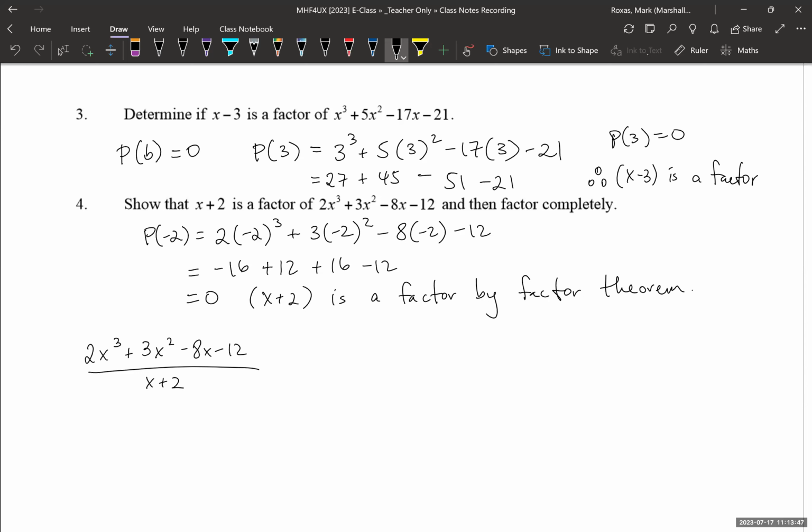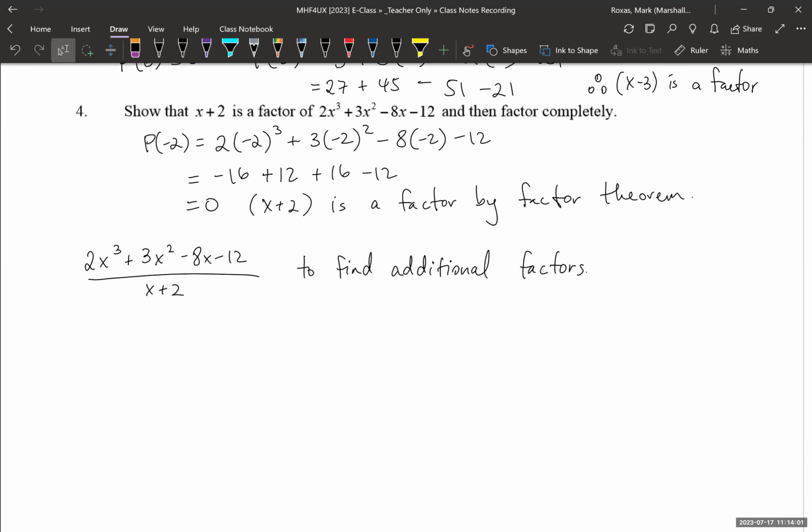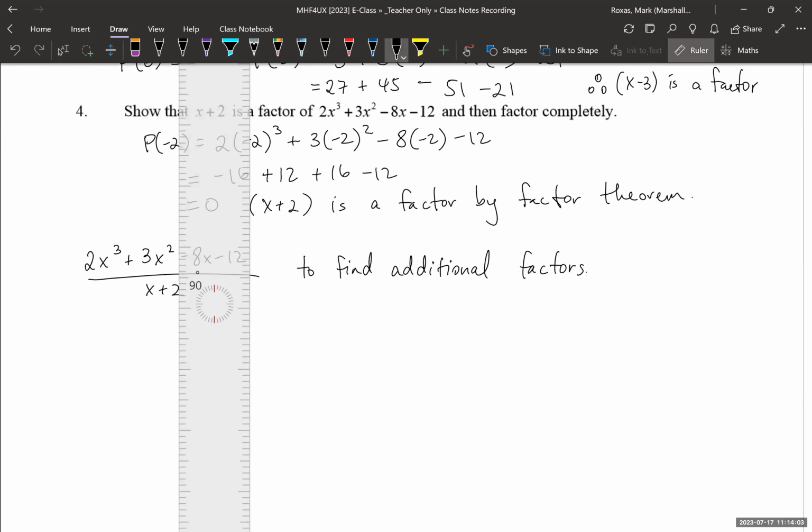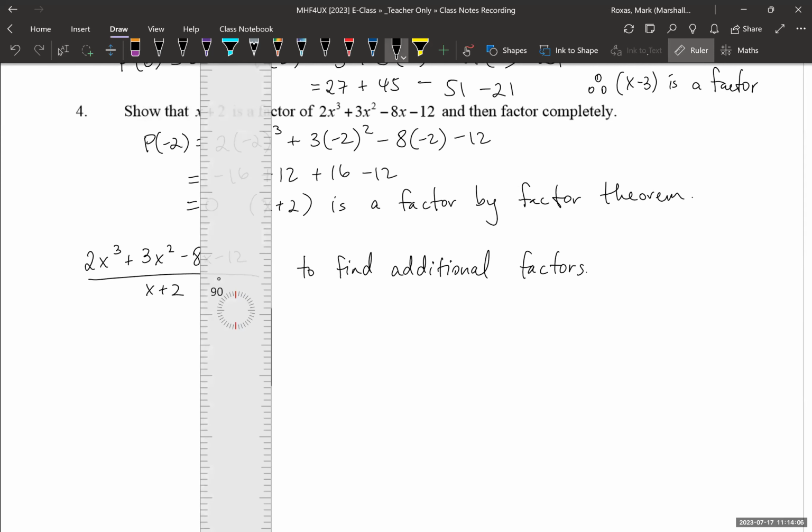So we carry out this division to find additional factors, because the quotient could be factorable, right? So let's take our ruler again. Let's create our synthetic division chart.